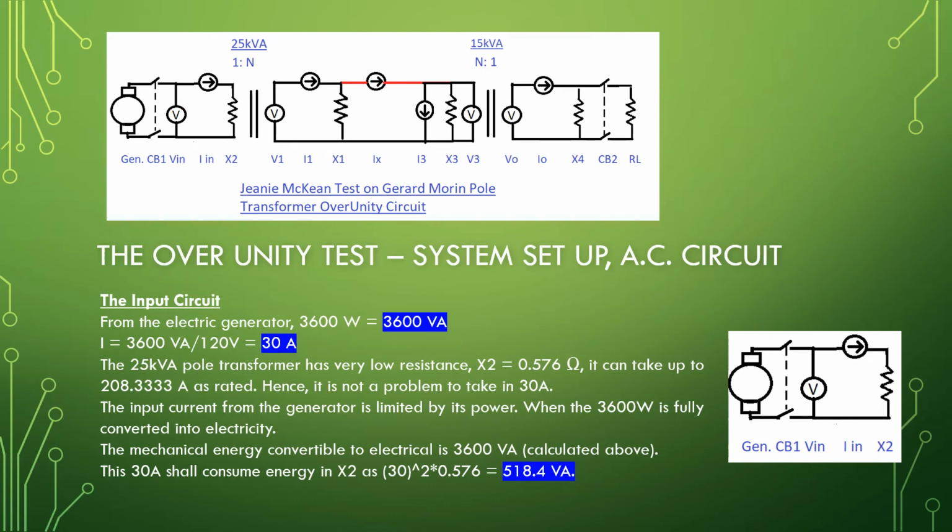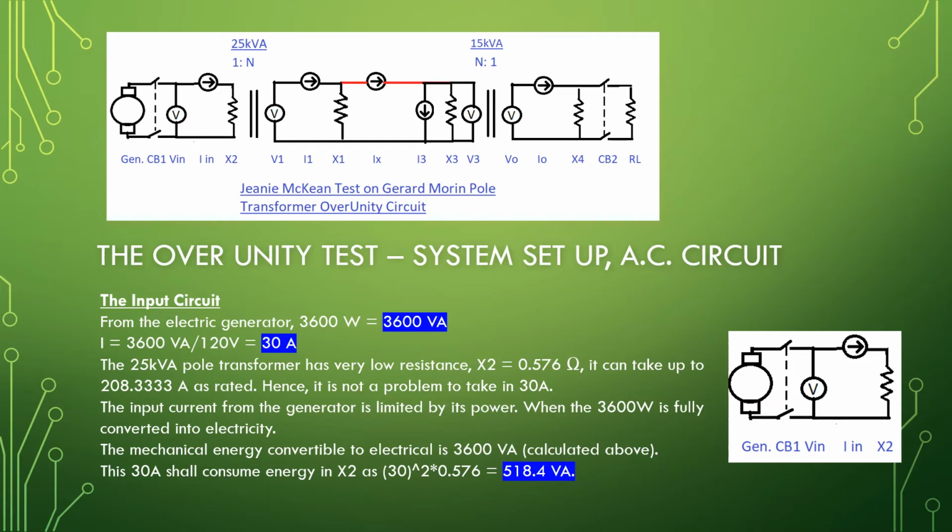The input circuit from the electric generator, 3,600 watt equal to 3,600 VA. The current I equal to 3,600 VA divided by 120 volt equal to 30 ampere.